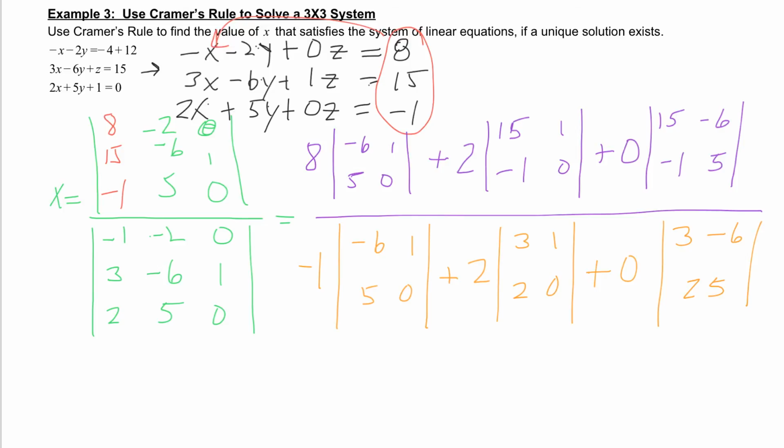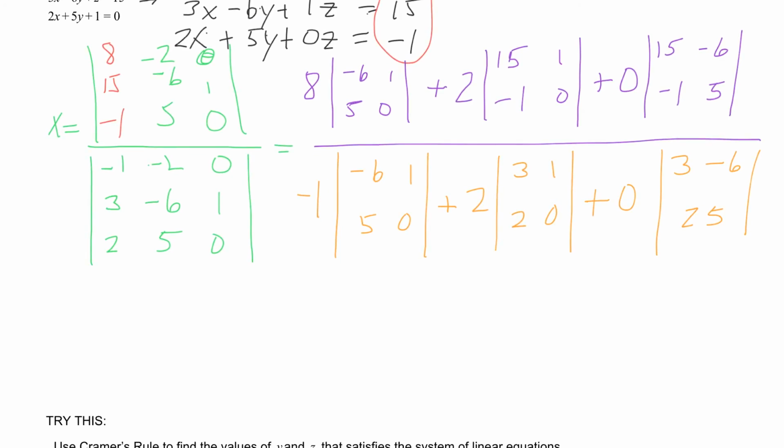And then I'm going to work down. So if I come down here, this is all going to equal, in my numerator, I have 8. And then remember, if I'm taking that determinant and multiplying these two together, minus these two.